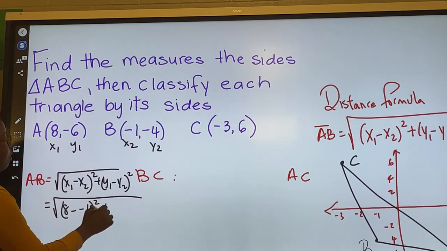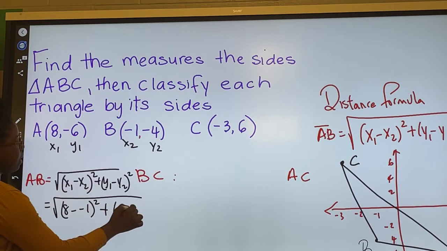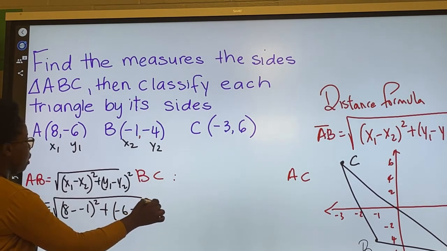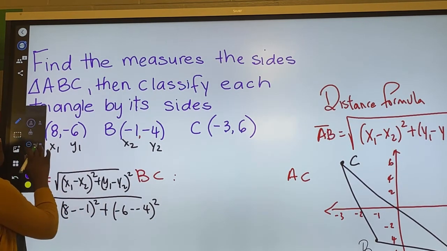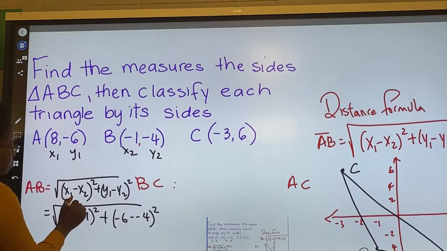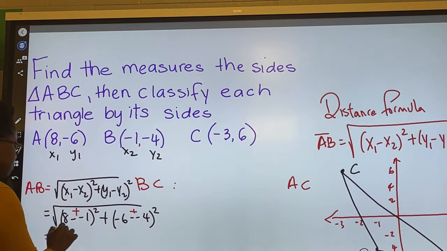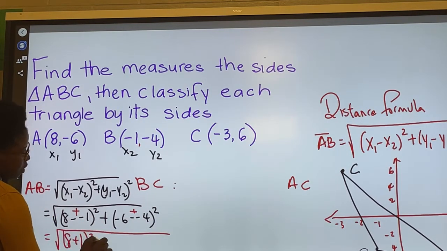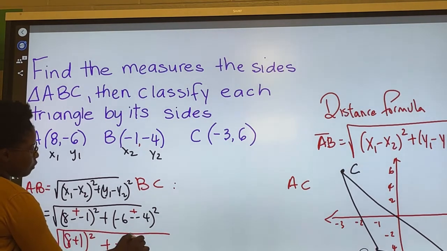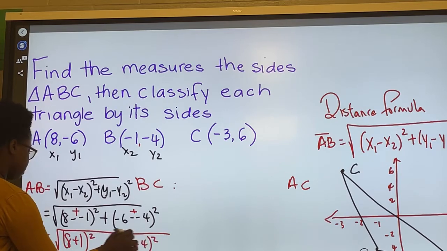Then we have y1, which is negative 6 minus 4 all squared. Once we see two negative signs, we know our next goal is to have addition. It's going to be the square root of 8 plus 1 all squared plus negative 6 plus 4 all squared.